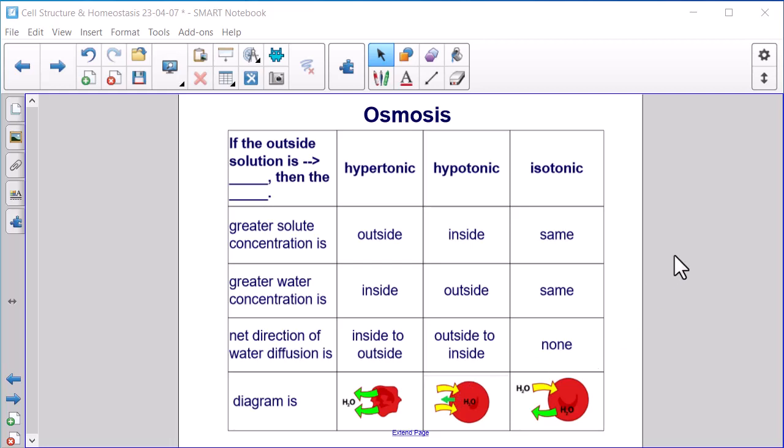If the solution outside of the cell is isotonic, that means the solute concentration is the same, both inside and outside. The water concentration is the same both inside and outside. And the net direction of the water diffusion would be none. So we'd have this dynamic equilibrium, from in to out and out to in, of the water.